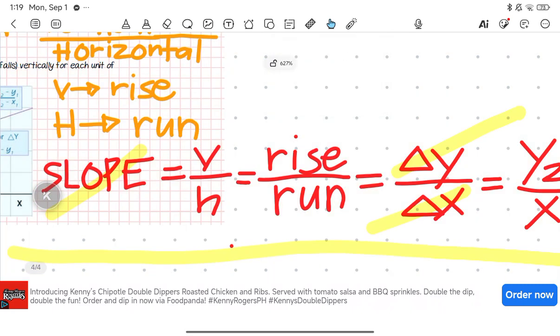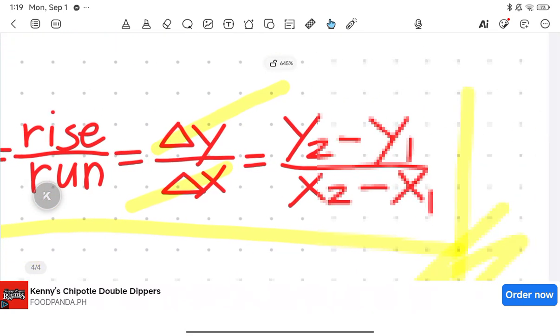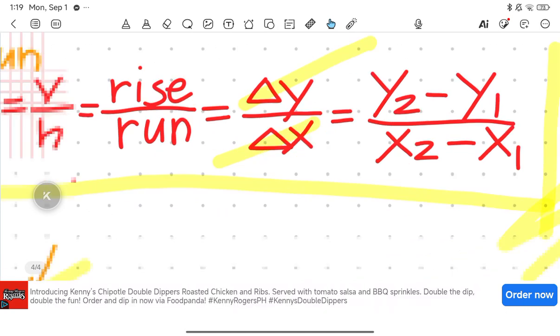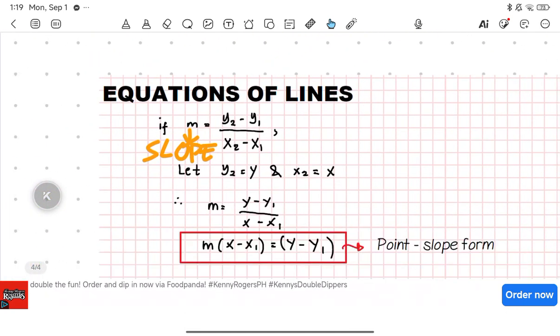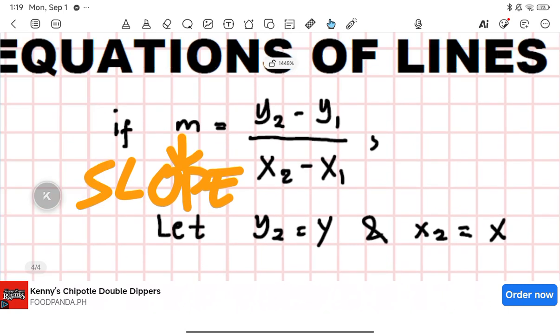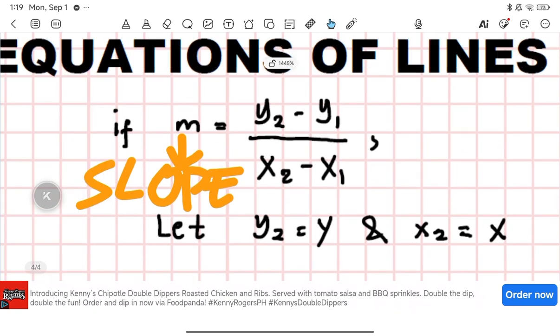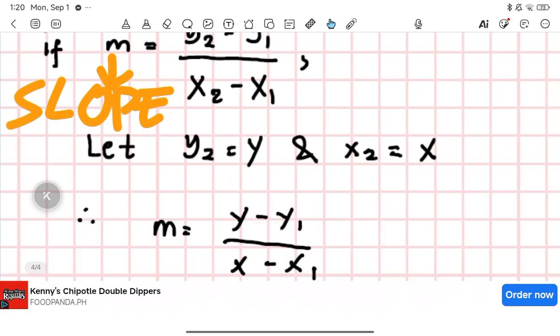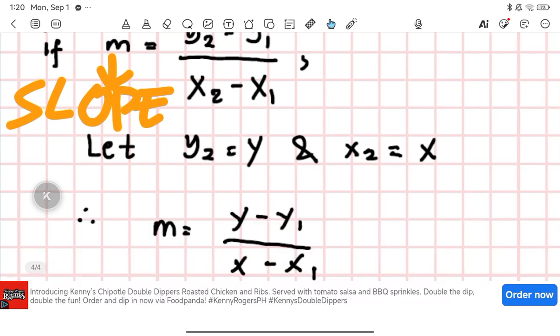Ayan, default. So, si slope po ay y2 minus y1 over x2 minus x1. Tingnan mo dito sa formula. Tama naman, if slope is y2 minus y1 over x2 minus x1, letting y2 is equal to y and x2 is equal to x.